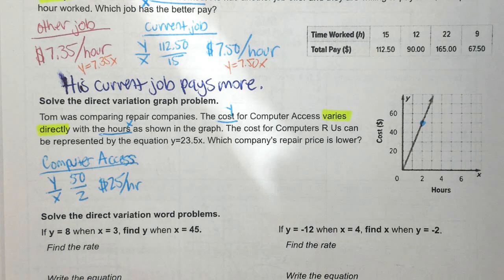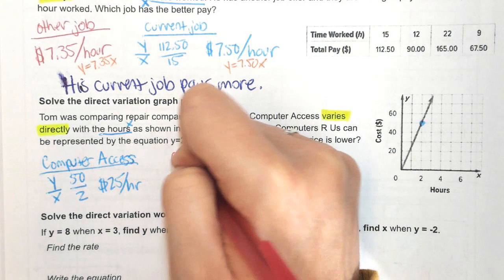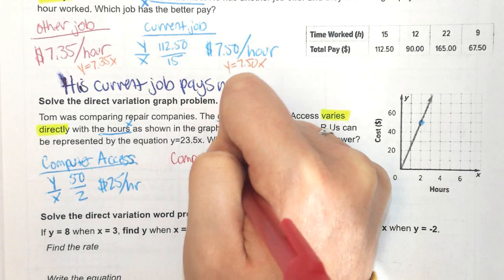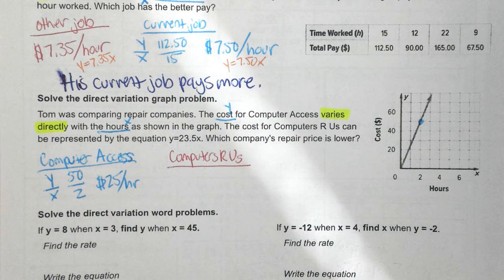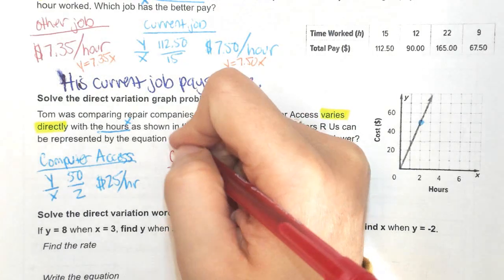The other one then was Computers R Us. What did they tell you about Computers R Us? Jackson. Yeah, you even went ahead of me. I was hoping you would just say that the equation was y equals 23.5x. So that means k is 23.5. So how much, Olivia, is that per hour?